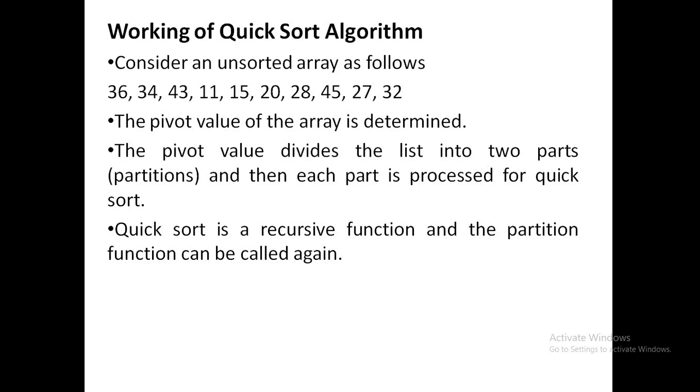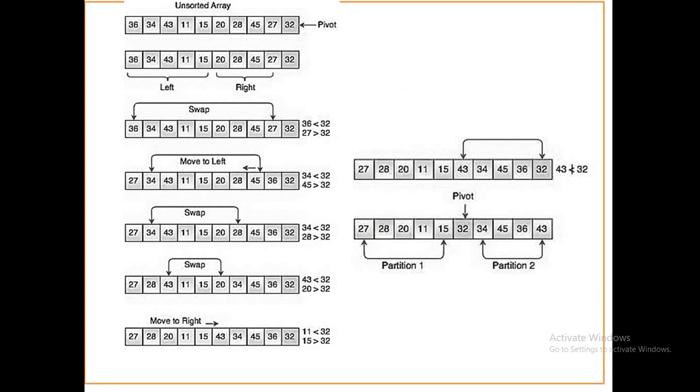So quicksort is a recursive function, and this partition function is called again and again till the array is completely sorted. So in this unsorted array, 32 is taken to be the pivot element, and then from the left and right we have chosen 36 and 27 to be compared with the pivot element.